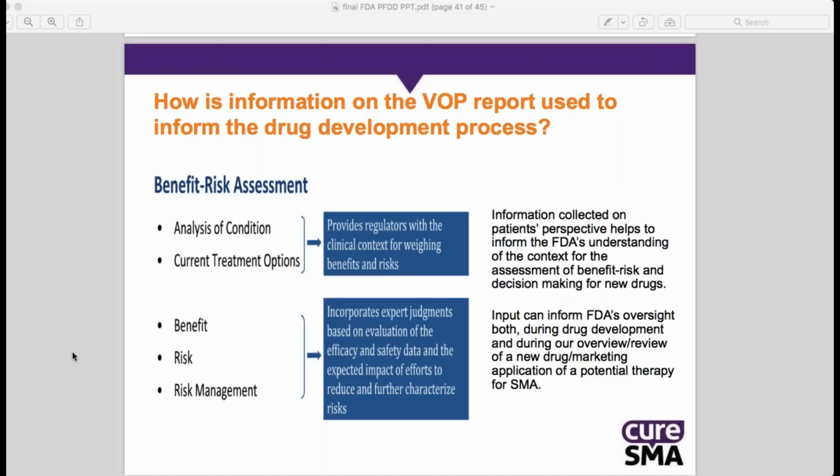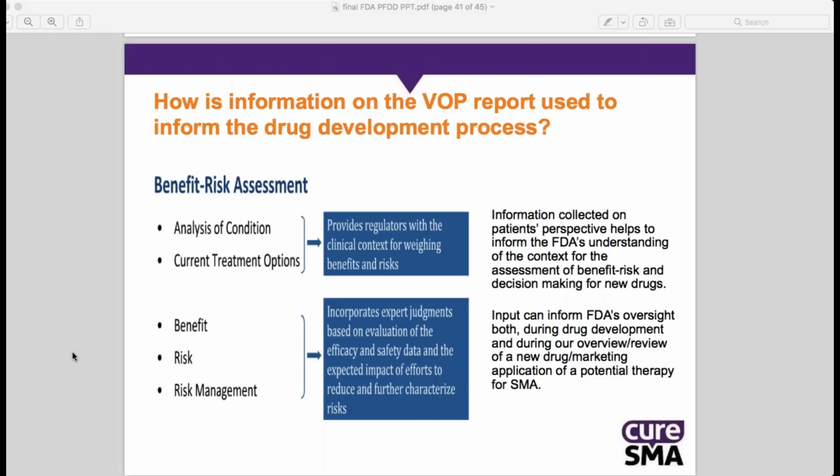The first, referred to on this slide as the analysis of the condition, is the discussion of the burdens and symptoms that are most important to patients, as well as the impacts on your day-to-day living. The second category is current treatment options, which is the second topic discussed at the meeting, discussing the unmet medical need that you as a community still have to treat those symptoms and burdens.